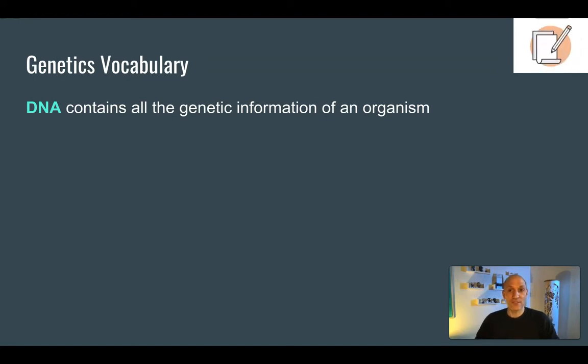But it also applies to every living thing. There's DNA inside trees and fish and bugs. In order to make an organism, you need information. You need a blueprint. DNA is that information. It is the information on how to build an organism.